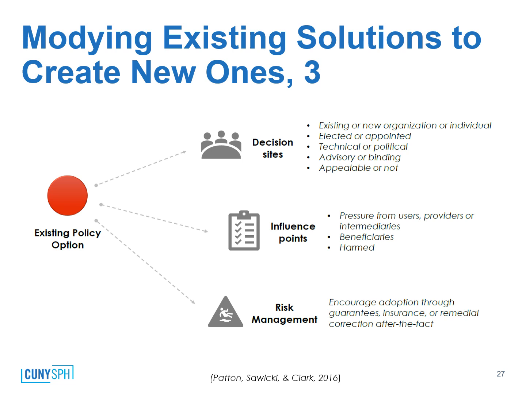And then we have risk management, which considers how policies can include safeguards such as guarantees, insurance mechanisms, or post hoc corrections to reduce risks in implementation. For example, if we have a new HIV prevention program, policymakers might shift that decision site from federal to local health departments for faster adaptation, while adding risk management mechanisms like performance-based funding. These small design choices can dramatically change a policy's success or failure.